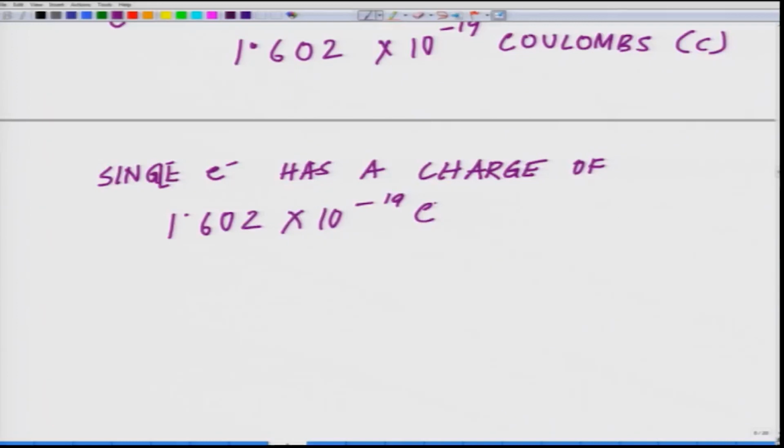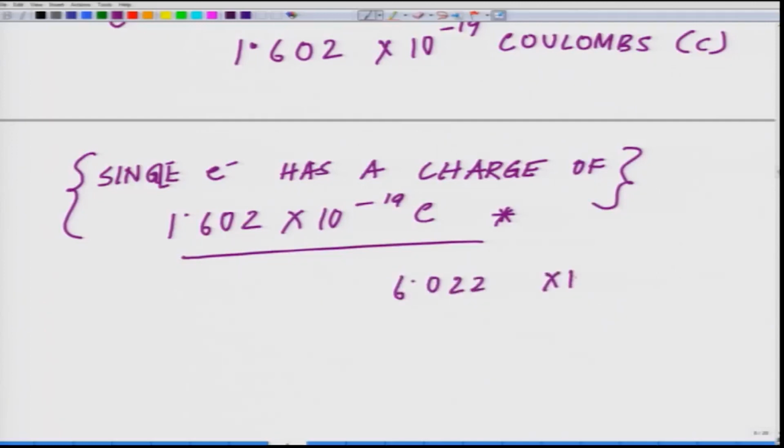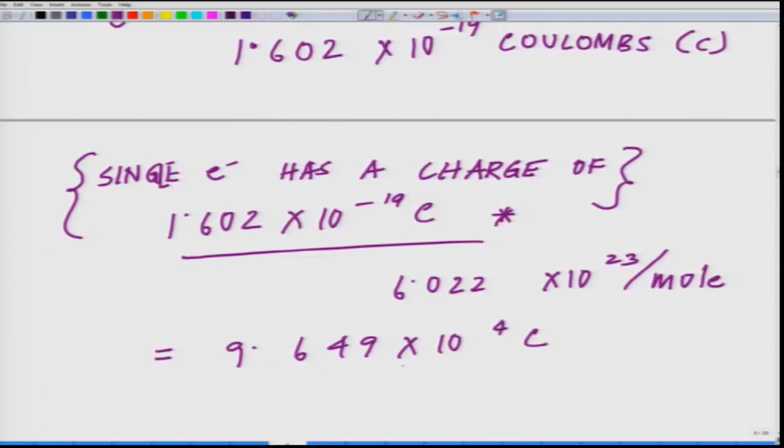Now, if we talk about a mole of electrons, how much will it be charged? You really cannot measure such a small charge on a single electron. So, we consider how much is the charge in 1 mole, which has Avogadro's number of particles, 6.022 into 10 to the power 23 per mole. If we multiply that with the charge on a single electron, we get 9.649 into 10 to the power 4 coulomb, and this is what we call Faraday's constant.